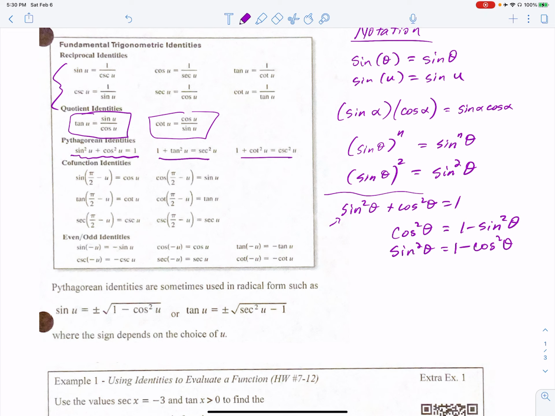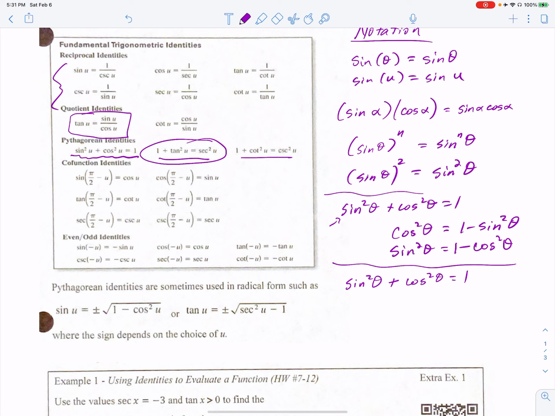I want to take a moment, though, and talk about where these come from. To get 1 plus tangent squared u equaling secant squared u, what I'm going to do is take the Pythagorean identity sine squared theta plus cosine squared theta equaling 1, and divide both sides by sine squared theta.